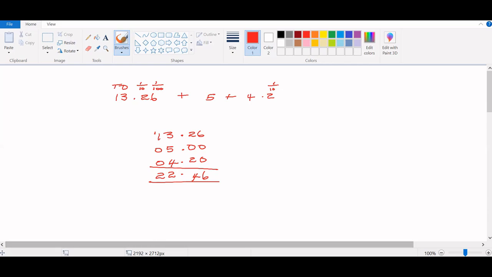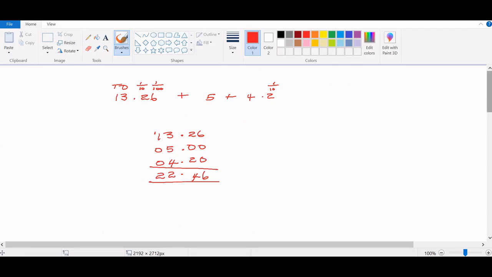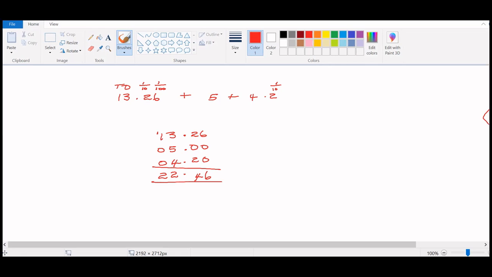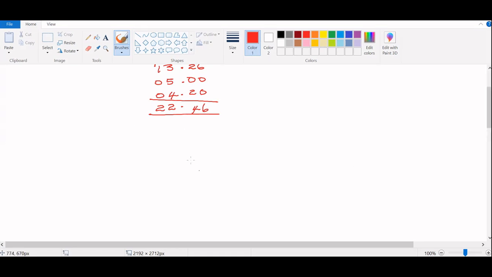Let's look at the next question, which asks us to work out 6 minus 3.24. So let us do that. 6 minus 3.24.